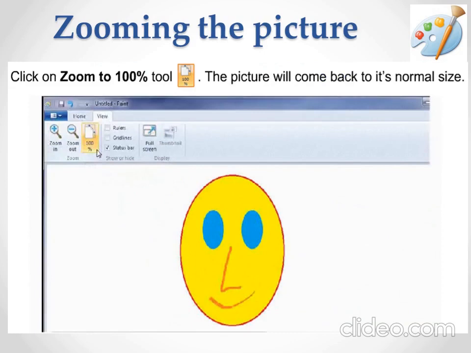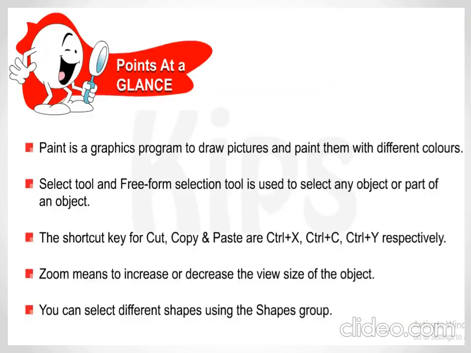This is all about it. Now, points at a glance. What did we see in this lesson number 4, in video 1 and video 2 together? What is paint? It is a graphic program where we can draw pictures and paint them with different colors.